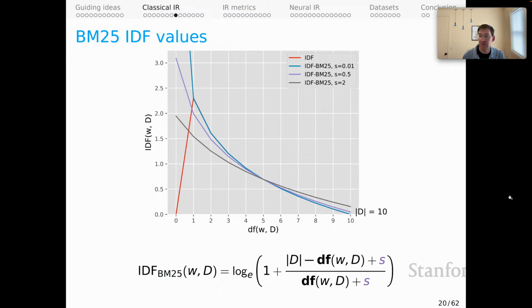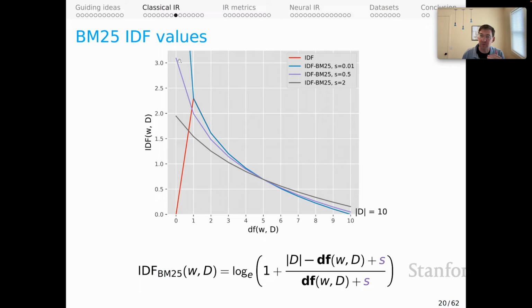So here are a few values for that value S. The standard value is the one in purple, that's 0.5, and you can see that the result is that we very closely match the standard IDF values throughout the entire space of document frequency values, with the exception that we give a very high value, incidentally, to words that appear in no documents. That won't turn out to be relevant.